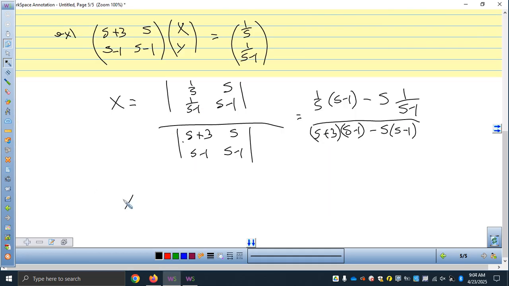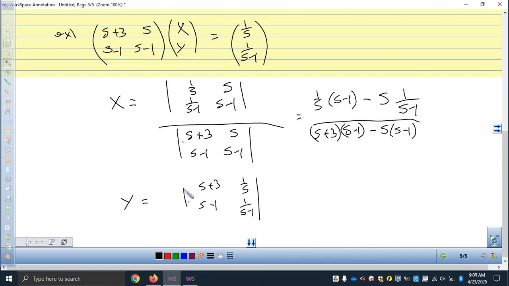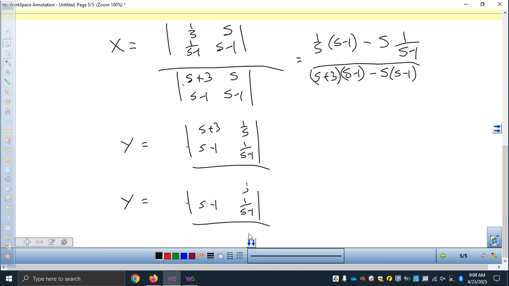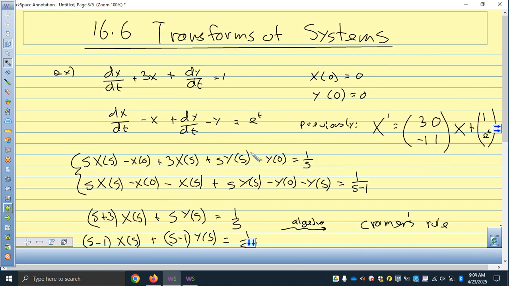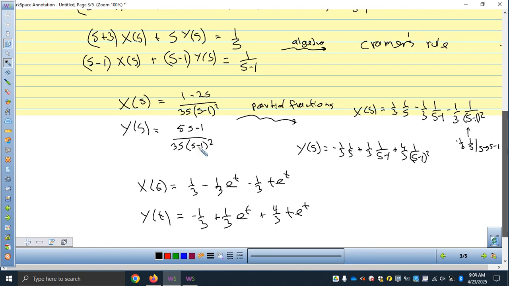And y is going to be the determinant of the matrix s plus 3, 1 over s, s minus 1, 1 over s minus 1. So I'm replacing the second column with this column, and we divide that by the determinant of matrix A. Find that determinant, simplify it, and we end up with what we got here for y of s.